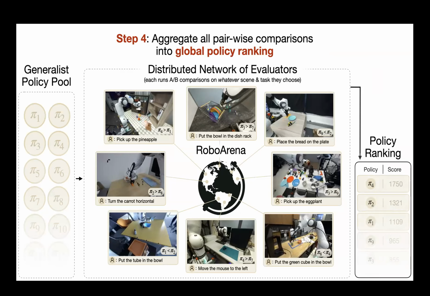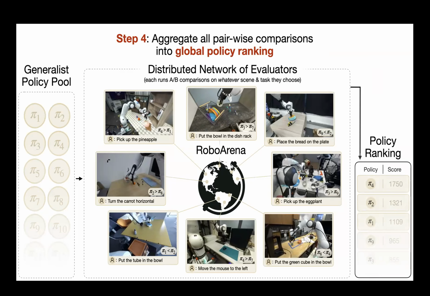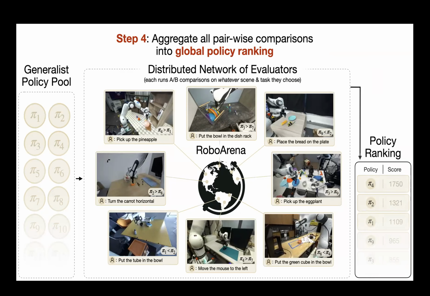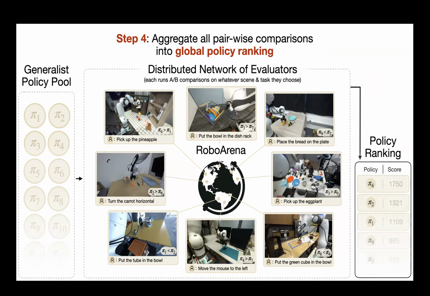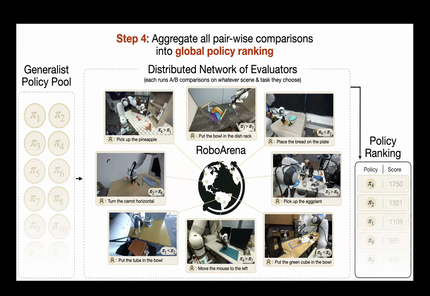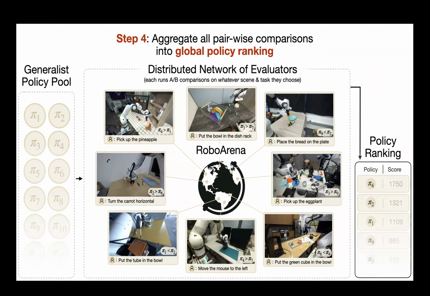Okay, if you keep each pairwise comparison consistent and you have different policies evaluated against each other in different conditions, you can end up with a valid global ranking of all of those policies. Kind of like we rank chess players who don't need to all play against each other at the same time, but they can play locally consistent games, and then we can combine them into a global score.